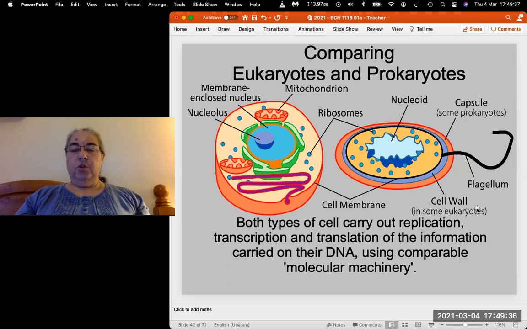They also do similar things. Both types of cell can reproduce themselves. They can copy their DNA, a process called replication, which we will learn a lot more about. They can transcribe and translate the information carried in the DNA. And the molecular machinery that they use to do that is similar, it's comparable, although it's not identical.